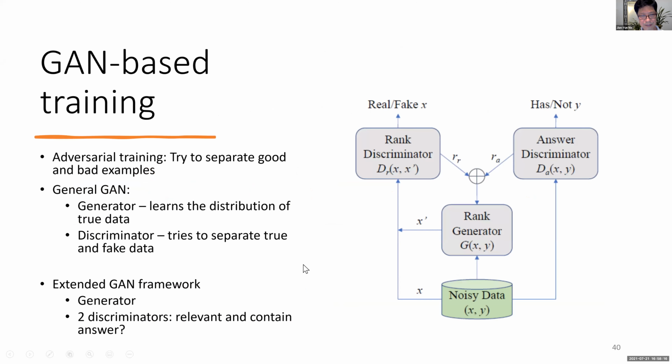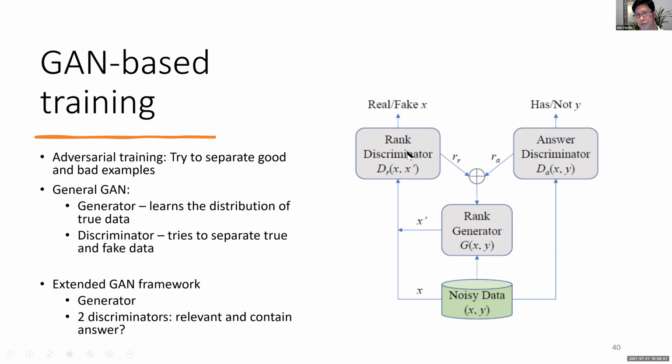I will just jump to the solution that we propose. The solution is to use adversarial training, telling a generator, who would basically do the ranking, through the ranker that we will have some relevance signal, whether the passage is relevant, and also another discriminator who will tell the generator whether the passage contains some answer, the right answer.